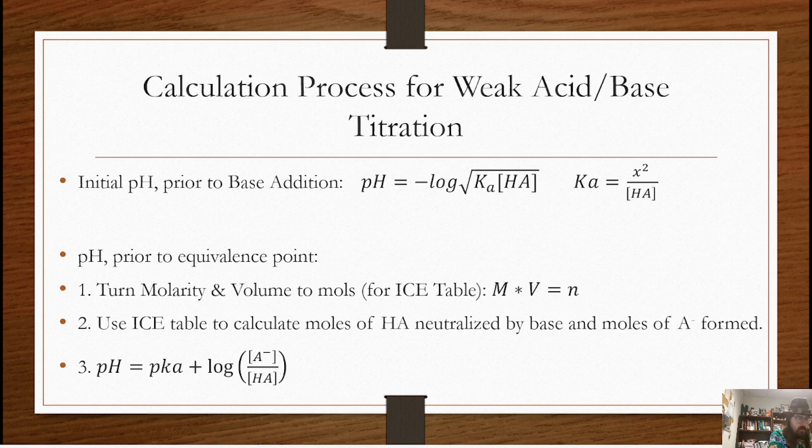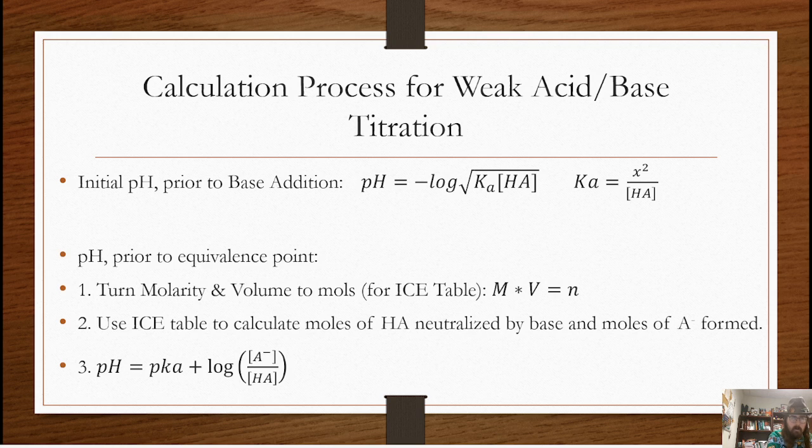And so you set up your ICE table, you get a Ka expression that Ka equals x squared over HA. So it essentially becomes negative log of the square root of Ka times HA, which would give you your pH. So to find your H plus, you have to take the negative log.